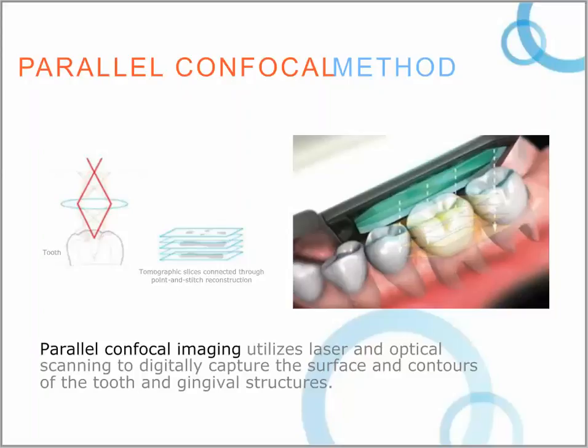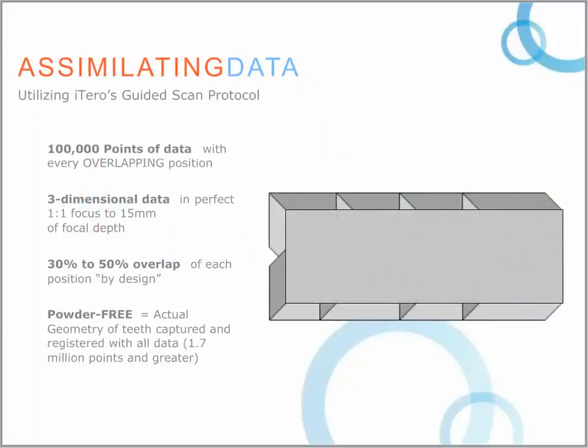Parallel confocal, which I think is very adaptable to curved surfaces, basically sends out light from the wand, and it receives back the information in a series of tomographic slices, and that helps capture the curves of teeth and makes a nice capture system that also does not require powdering, dusting, or opacering, and therefore makes it more amenable and easier to use in the private practice. 1,000 points of data, overlapping stitching it's called, allows this three-dimensional information to be transmitted into the capture in the wand and then onto the computer screen itself.